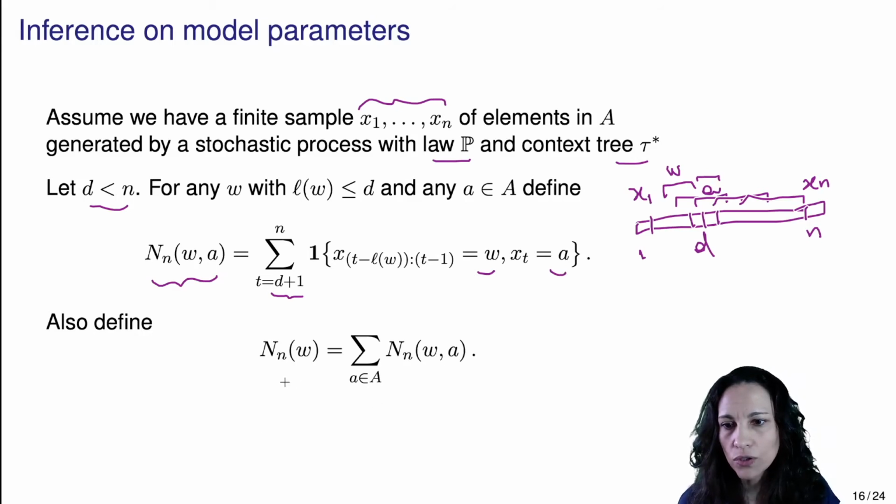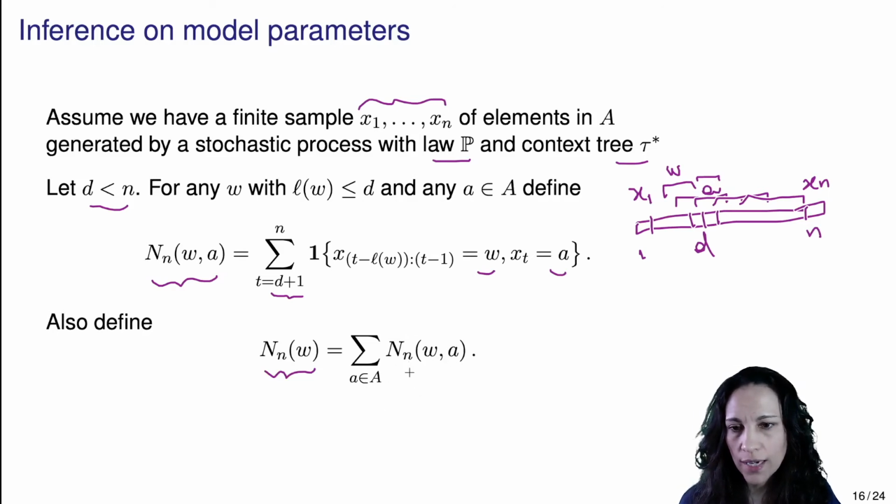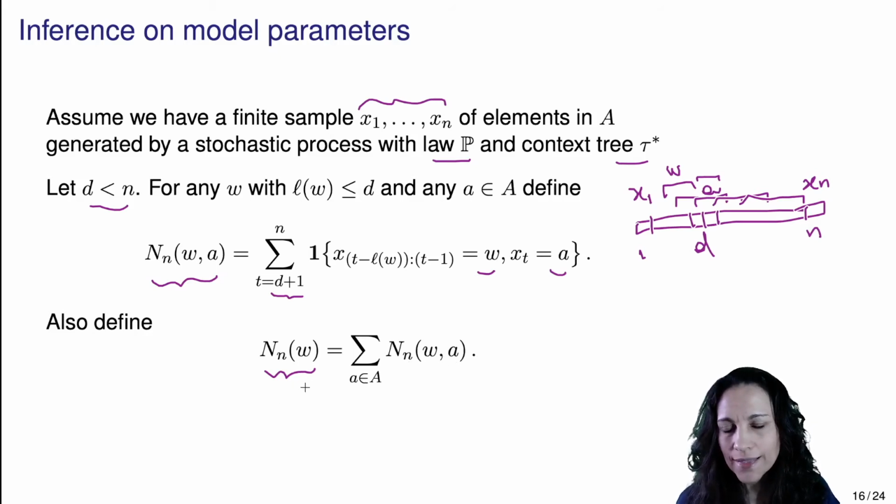Then we also define n of w as the sum over all a of n of wa, the occurrences of w followed by a. So this is not the same as counting the occurrences of w in the sequence. Why?